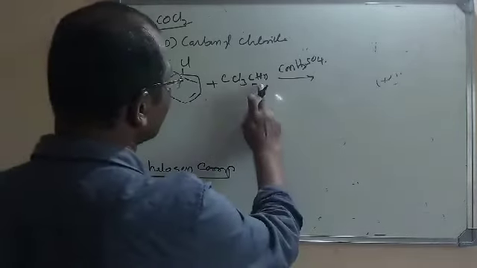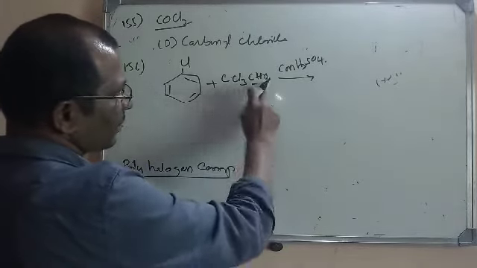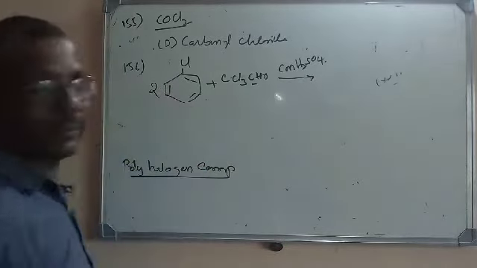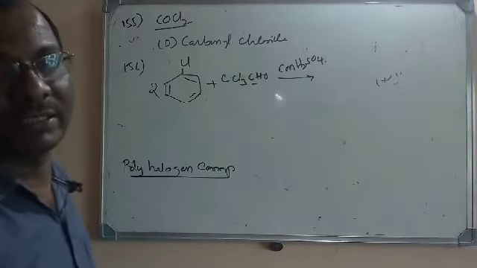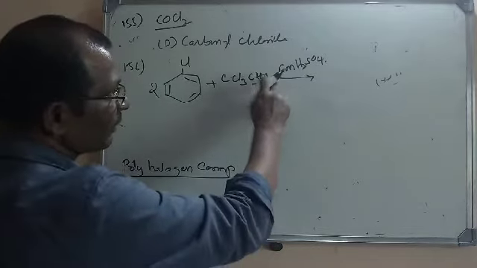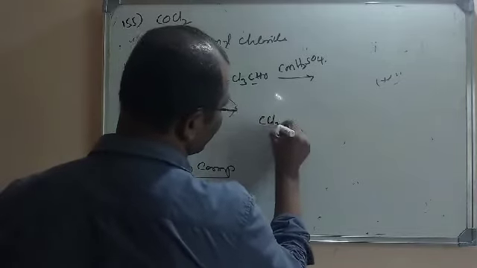If you see here, H and Cl will be removed, and here you can see hydrogen and oxygen. One hydrogen and one oxygen, and one more hydrogen from the 2 moles I am taking here, so 2 hydrogens and 1 oxygen will be removed in the form of water. Now what is left here? CCl3.